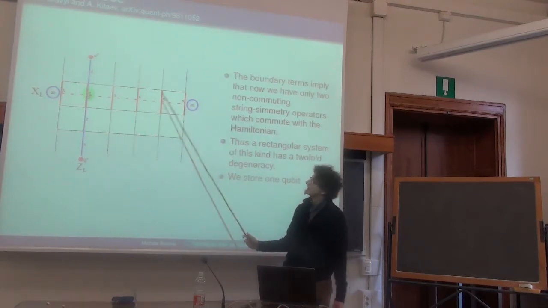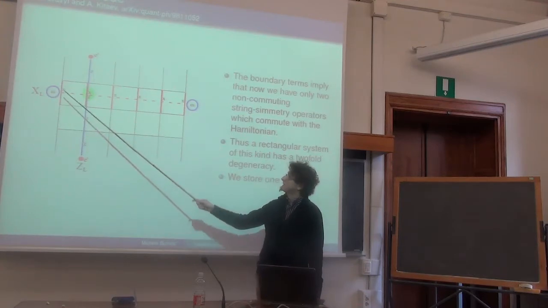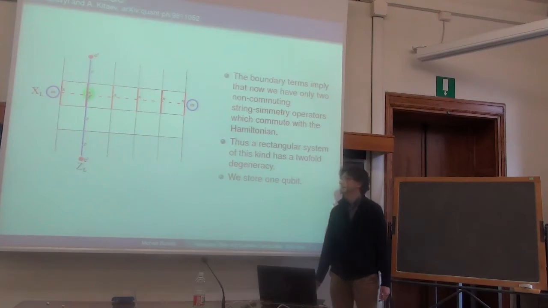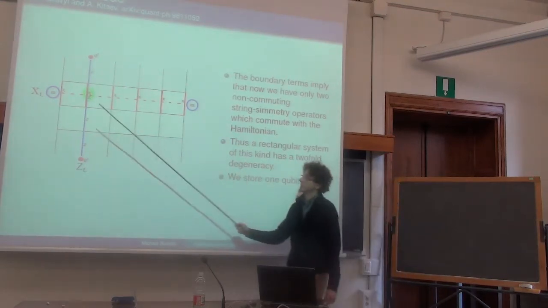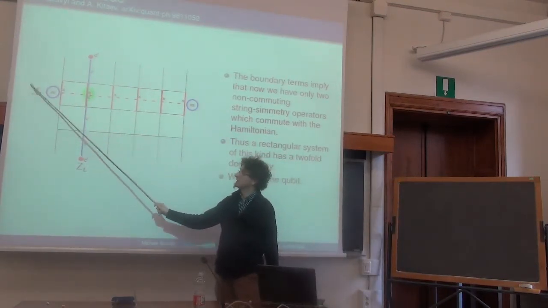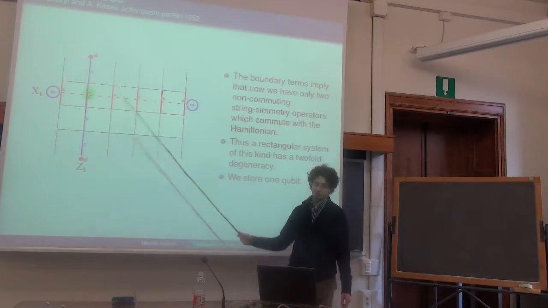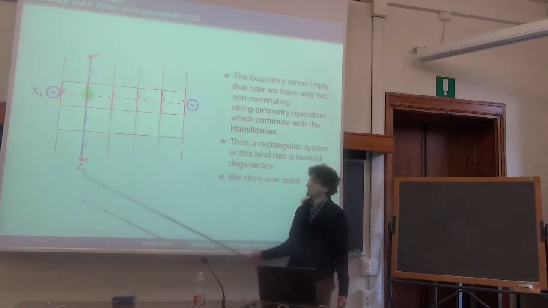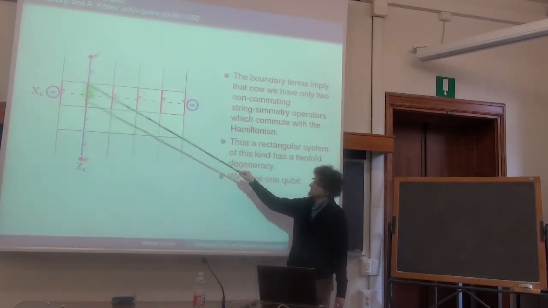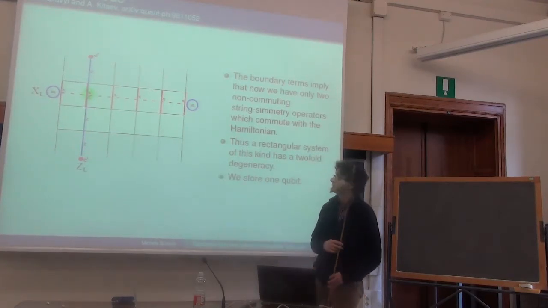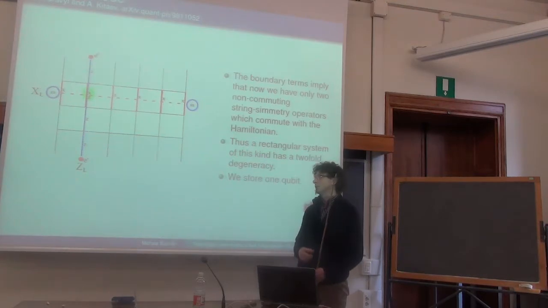And in an analogous way, you may see that we have a horizontal X symmetry, which moves a magnetic flux from the outside here to the outside there, without in the end violating any energy constraint given by the terms in the Hamiltonian. And still, these two symmetries anti-commute. So we have two anti-commuting symmetries, and we are left with a single logical qubit.